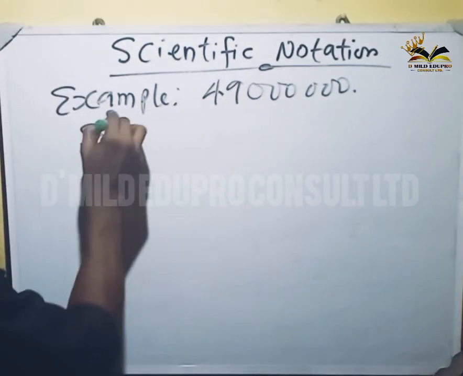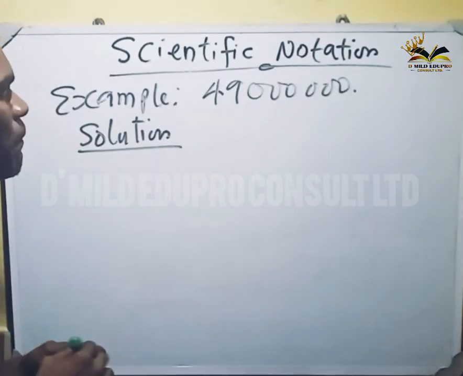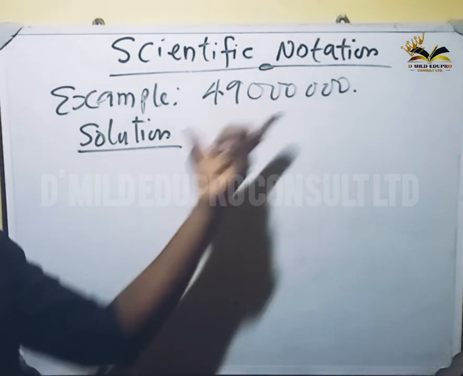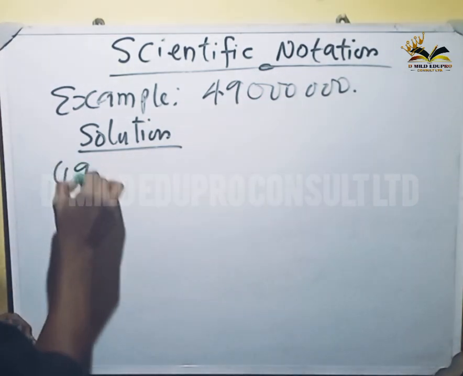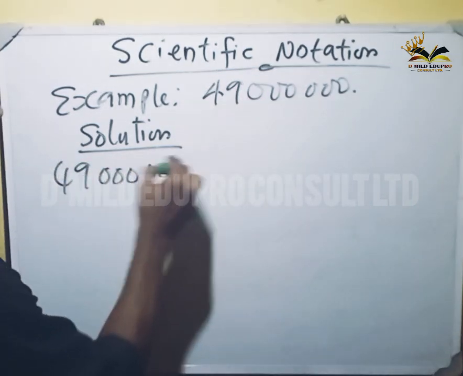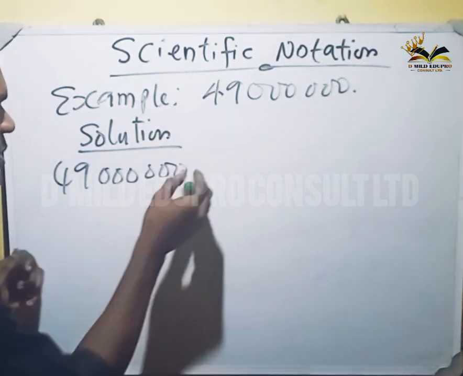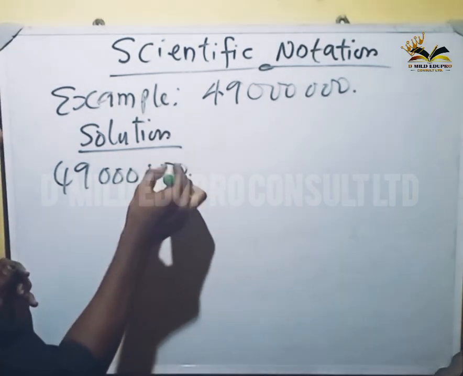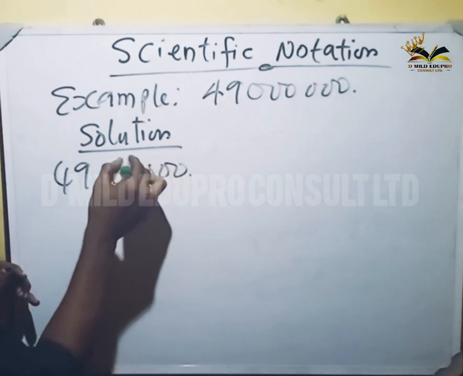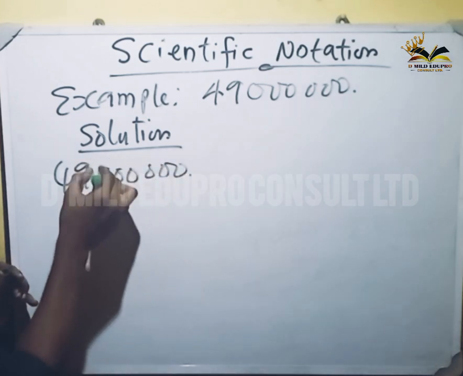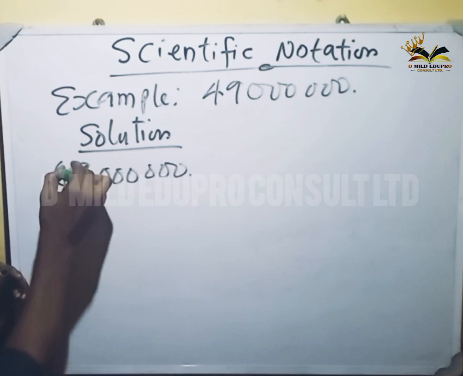Now, if you have this number, 4900000, and we want to convert it into scientific notation, like I told you, this decimal point will have to move 1, 2, 3, 4, 5, 6, and then 7. It will come here, okay?